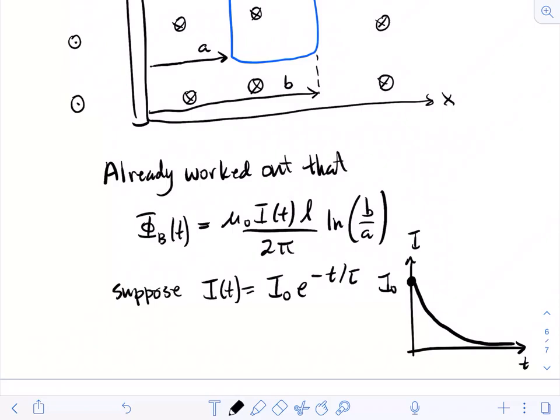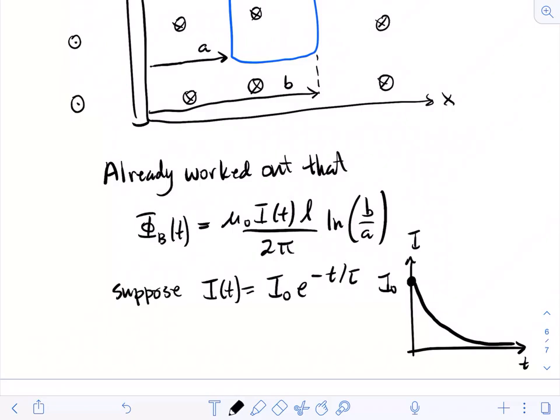The parameter tau is some characteristic time that determines how quickly the current decays. If we set t equal to tau, then we'd have e to the minus tau over tau, or e to the minus 1. e is about 2.7, so e to the minus 1 is 1 over 2.7.